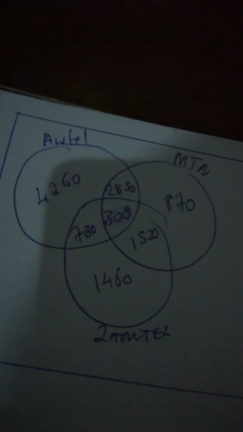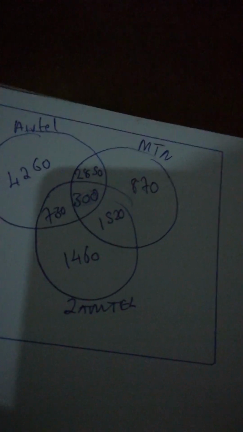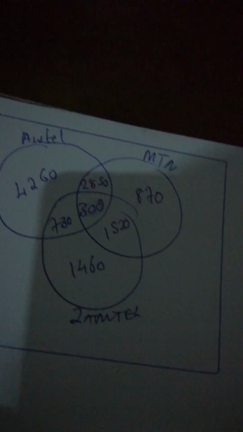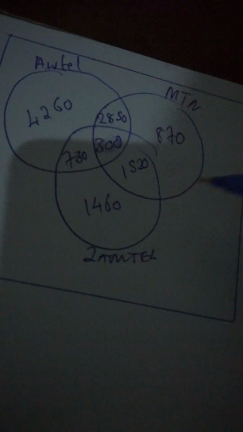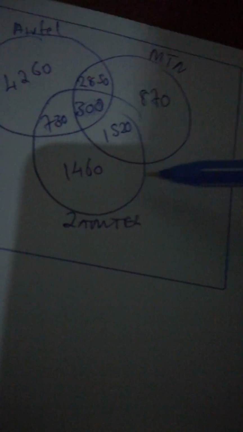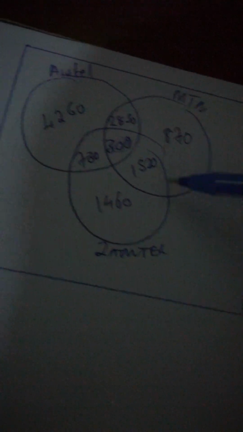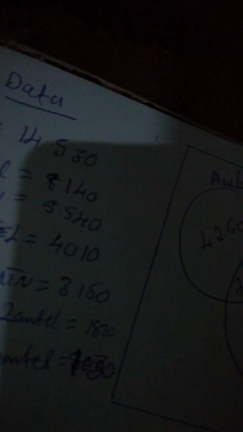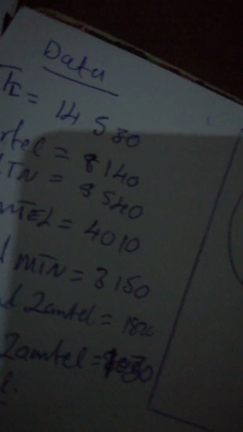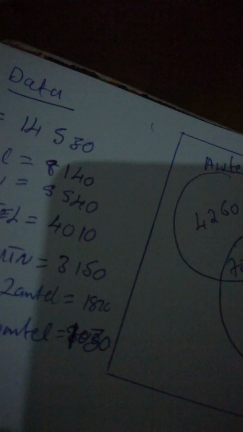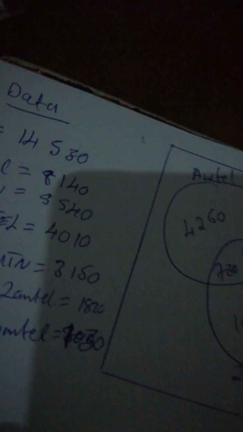Now the question continues, but before you even go to the questions, try to compute everything in here and see if it gives you the total number of those who were interviewed. If not, it means you have people who did not prefer any of these.